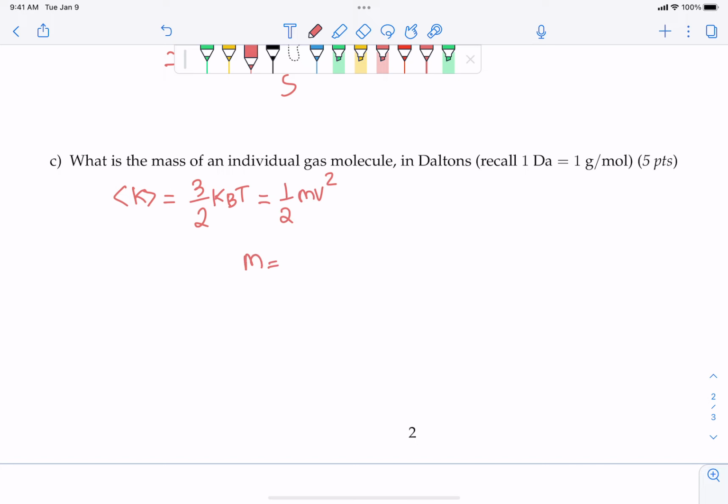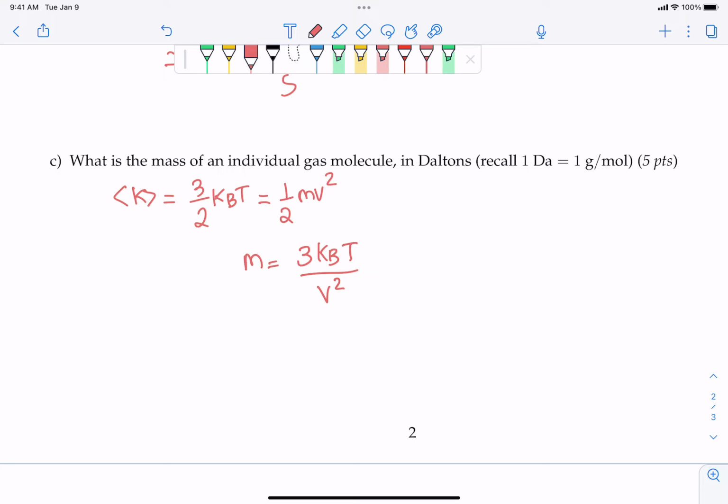So mass should be equal to 3 times kBT over v squared, right? If we multiply over the 2, it would be 2 times 3/2, the 2's cancel, you'd be left with a 3 kBT, and then you divide over the v squared, and you get your mass.